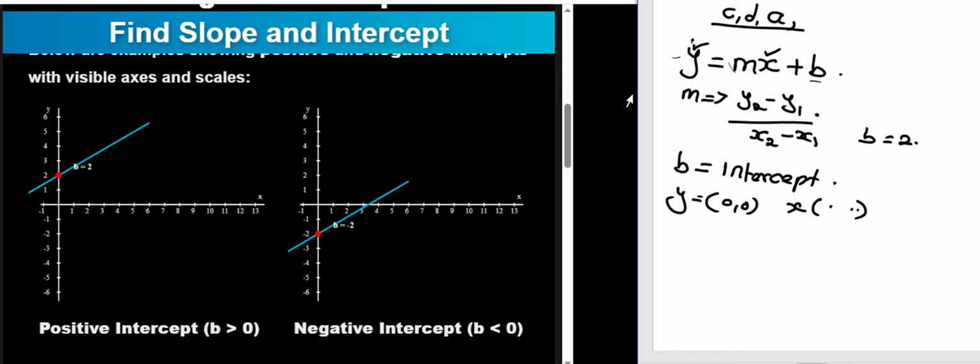This one the y-intercept is -2, meaning b is -2, meaning the line cuts the y-axis at -2 when x is 0. So the y-intercept becomes -2.